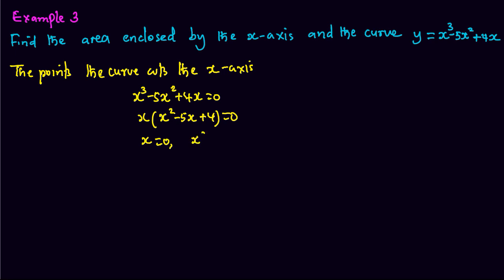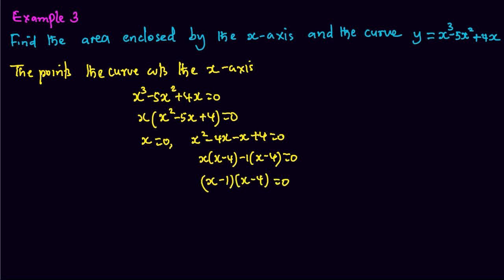Have x squared minus 4x minus x plus 4 is equal to 0. x into x minus 4 minus 1 into x minus 4 is equal to 0, so that we have x minus 1 into x minus 4 is equal to 0. So either x is equal to 1 or x is equal to 4.